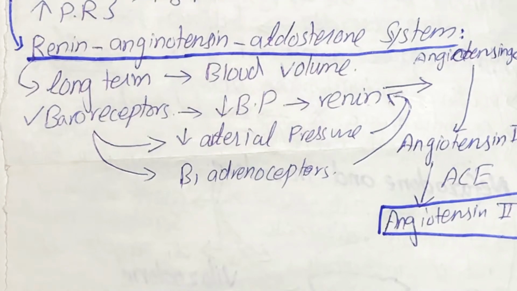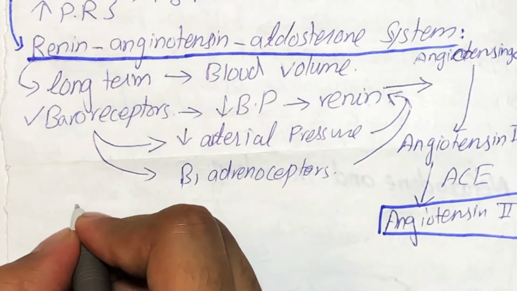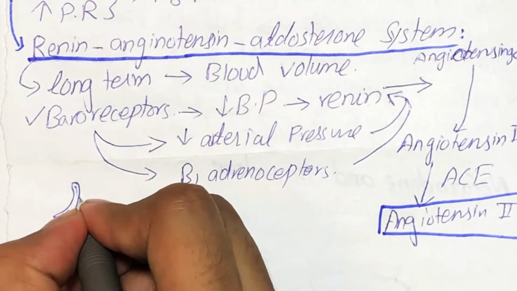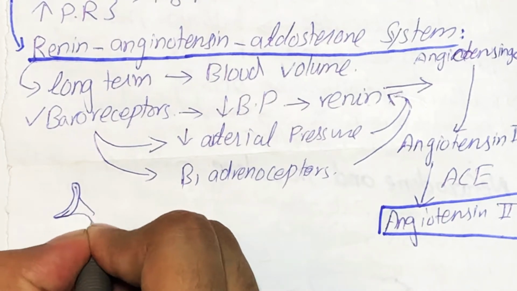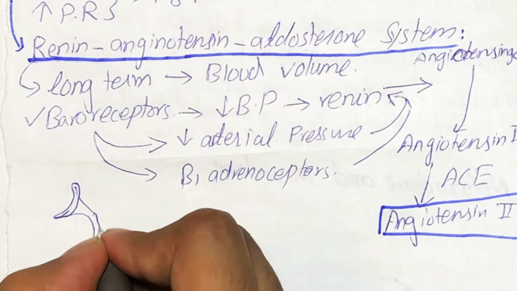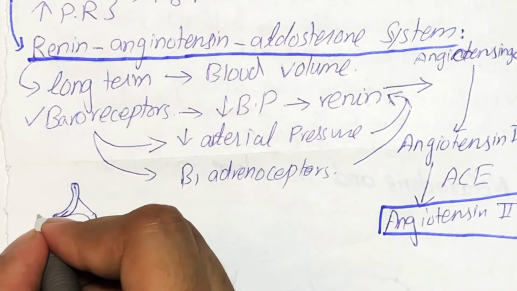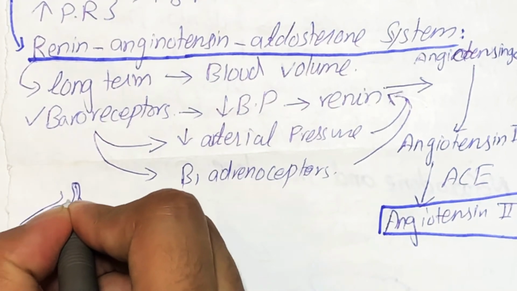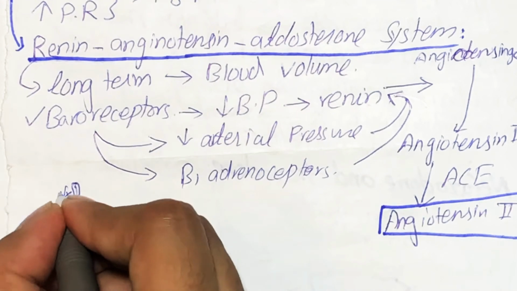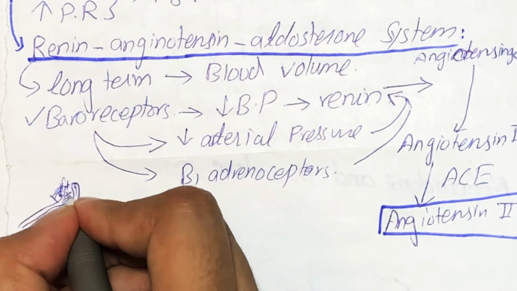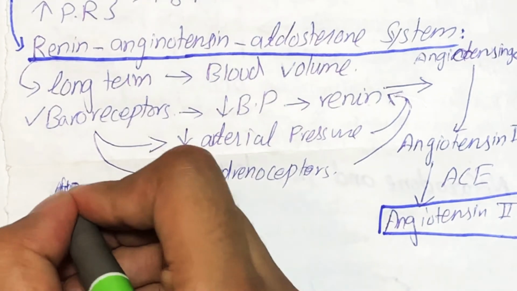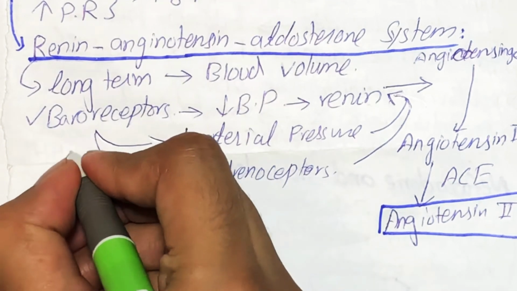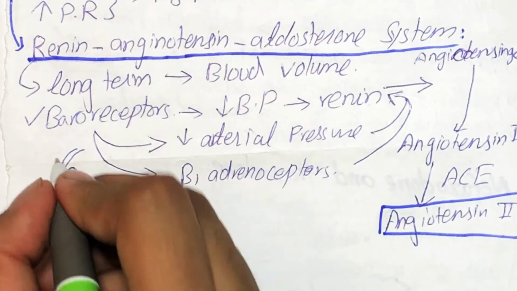And how this happens is that, as we know, if this is the structure of Bowman's capsule, over here there is the afferent artery which is coming in, and it is converted into smaller arteries, capillaries, and then it is converted back into the efferent artery.